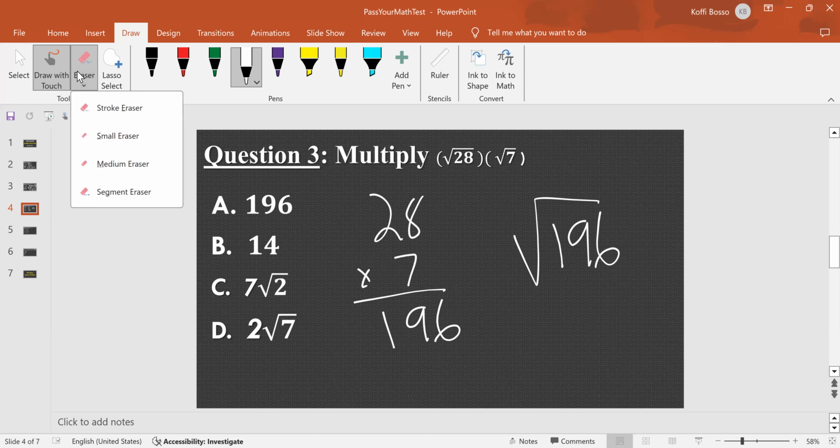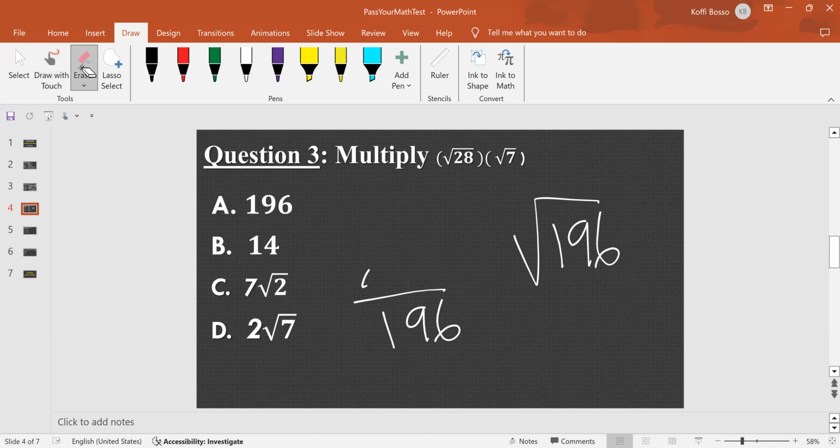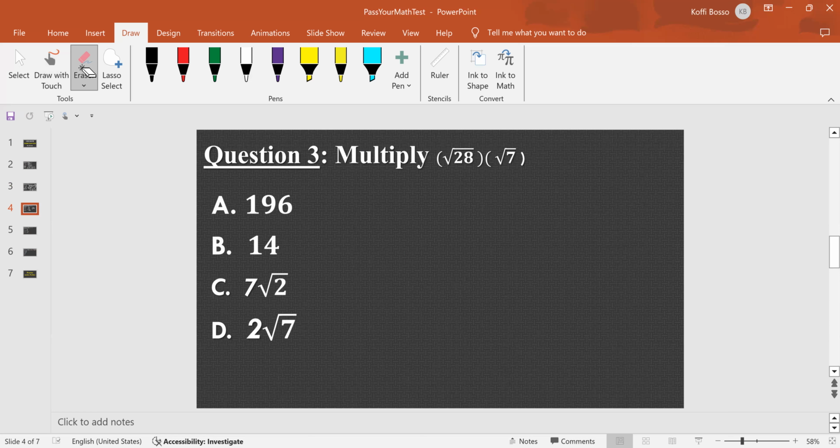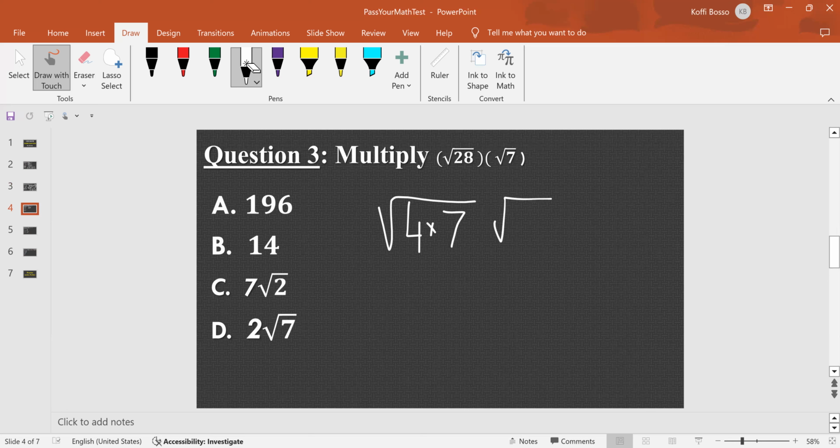So a simpler way is that we'll try to break down the expression inside the square root. If you take the square root of 28, do you know that 28 is the same as 4 multiplied by 7? And now we multiply this by square root of 7.